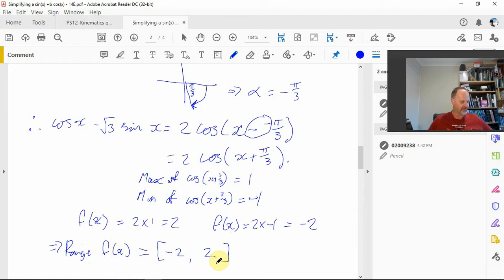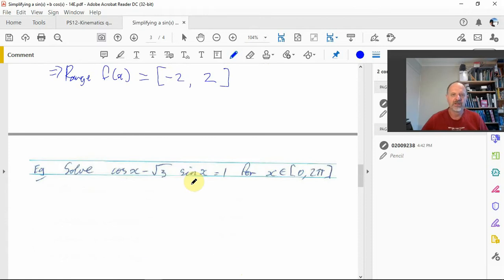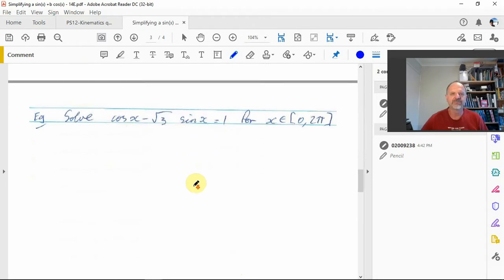So there we go, from negative 2 to 2 for our range. You could also look at it on a graph, so it's not translated up, so it can go up 2, down 2, you get to the same result. Anyway, I'm starting to waffle. Let's not waffle. All right, this next one.